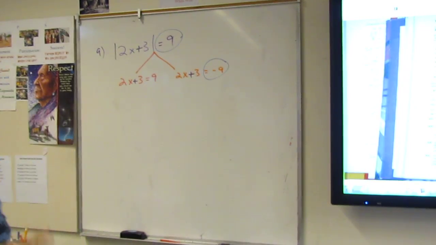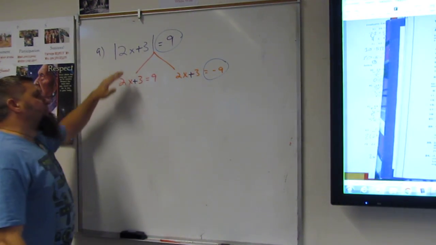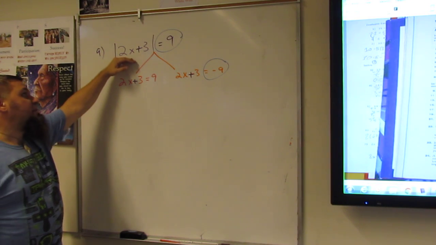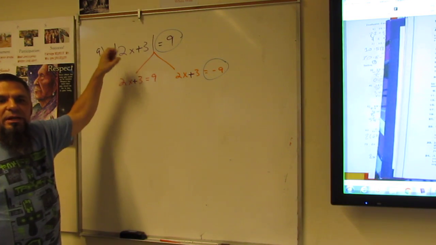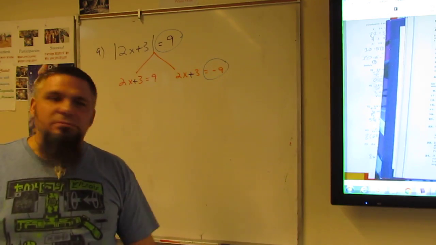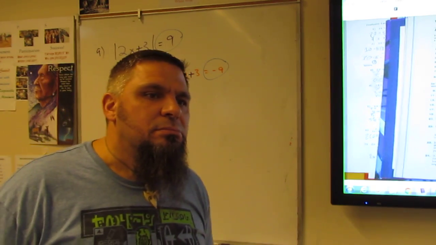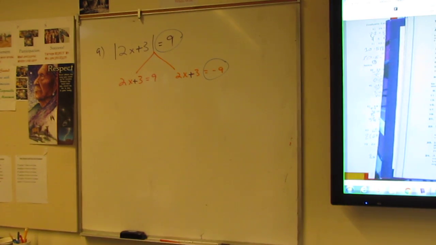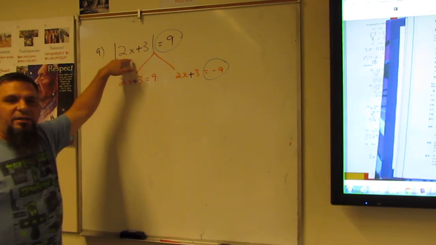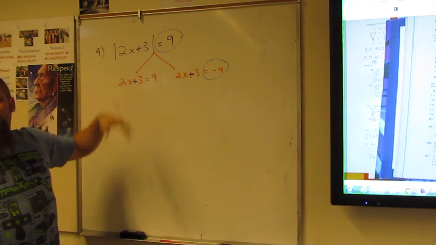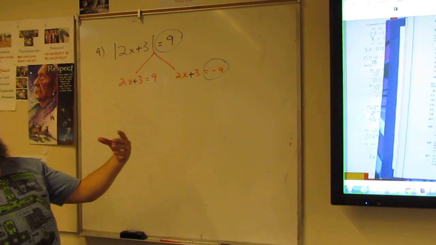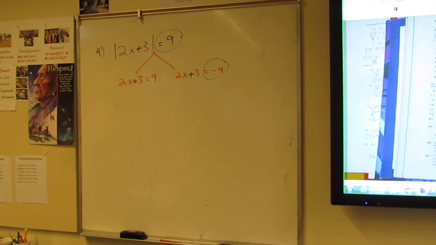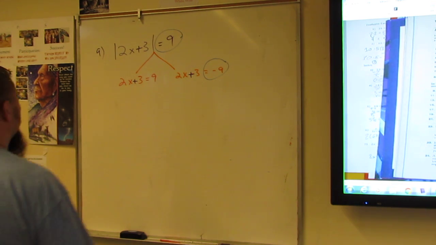One, let's think about it as, well, what if this equaled 9? 2x plus 3 equals 9, then what's the absolute value of 9? The absolute value of 9 would be 9. What if this equaled -9? Then the absolute value of -9 would be 9. That's just a way I like to talk to my Algebra 1 students.